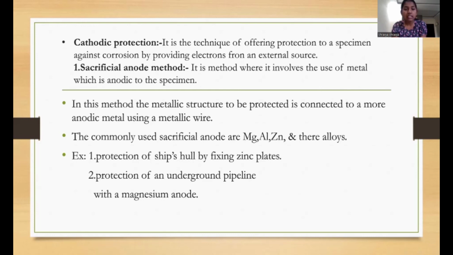In this method, the metallic structure to be protected is connected to a more anodic metal using a metallic wire. The commonly used sacrificial anodes are magnesium, aluminium, zinc, and their alloys. Examples: protection of a ship's hull by fixing zinc plates, and protection of an underground pipeline with a magnesium anode.